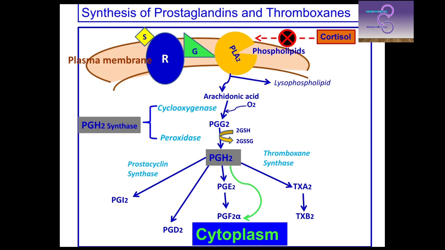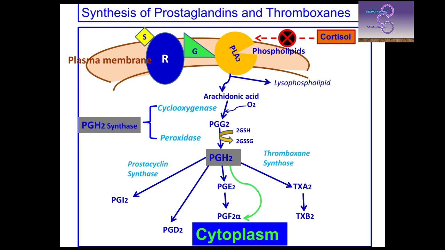The activation of phospholipase A2 is a G protein coupled receptor mediated event. That means specific extracellular stimuli will stimulate a unique G protein coupled receptor to activate phospholipase A2. In the second position of many phospholipids, you will find the fatty acyl chain arachidonic acid.